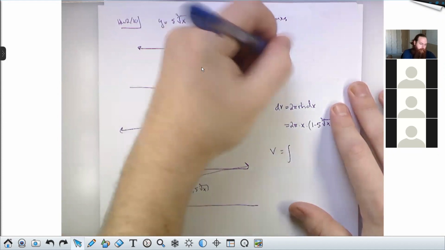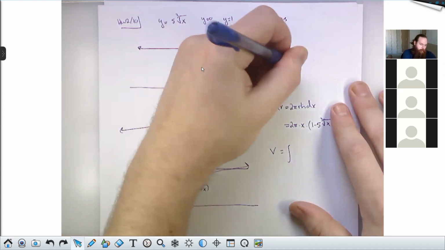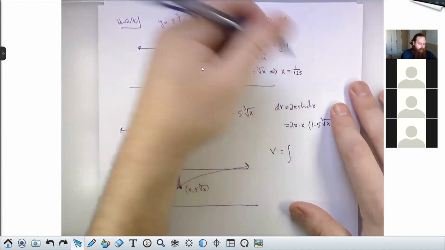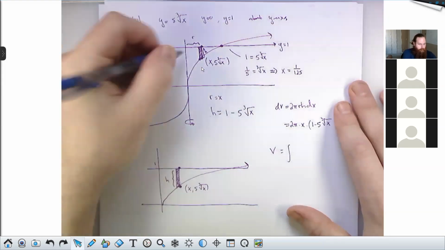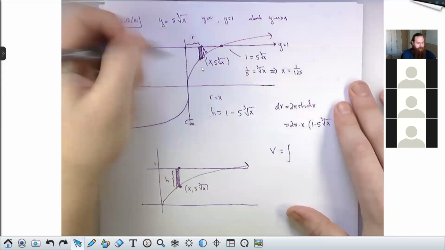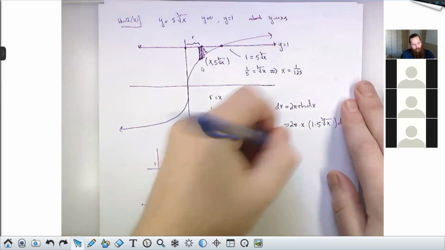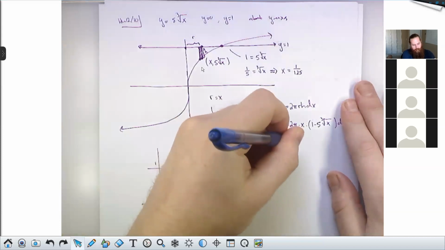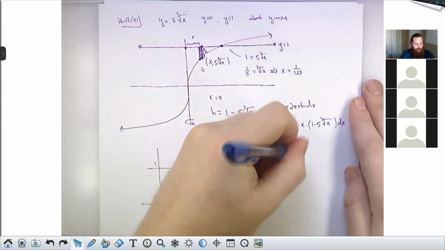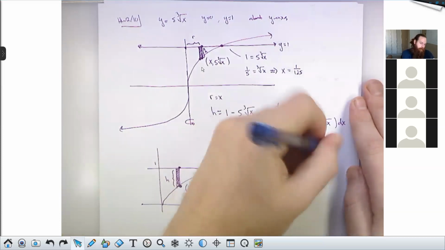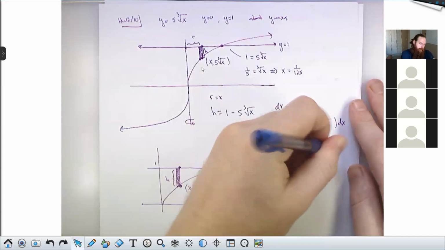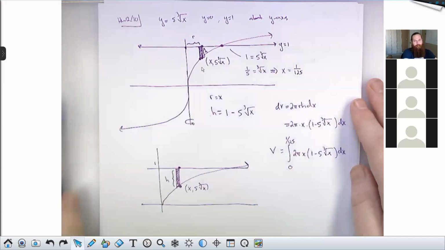And then if I cube both sides, that will tell me x is 1 over 125, right? 5 cubed is 125. So I would be integrating from x equals 0 over here to 1 over 125. And then my integrand is 2 pi x times (1 minus 5 cube roots of x) dx.